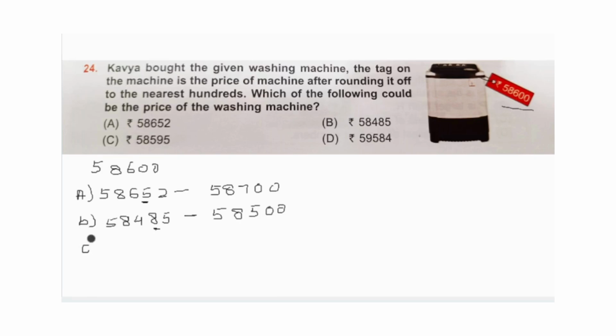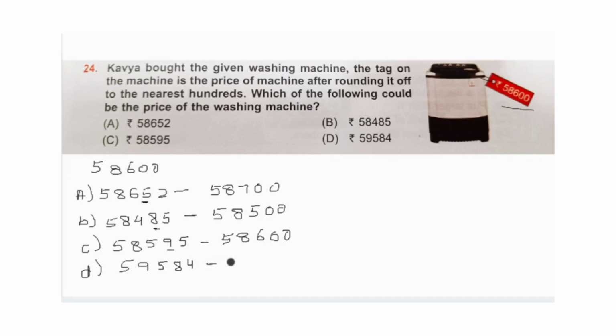Now let's see option C. The price tag given at option C is 58,595. Let's round this to the nearest 100. Let's look at the tens position. The tens position is 9, which is greater than 5. So the answer is going to be 58,600. Now let's look at option D, which is 59,584.